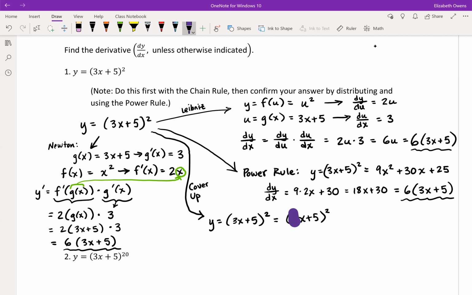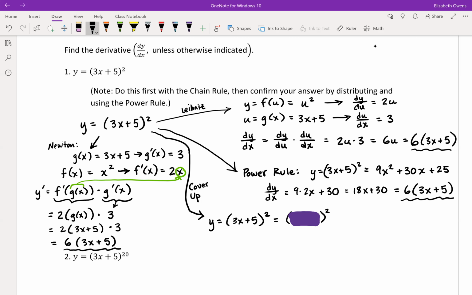Just cover that up. Okay. So basically, when we cover up the inside, we have purple block squared.